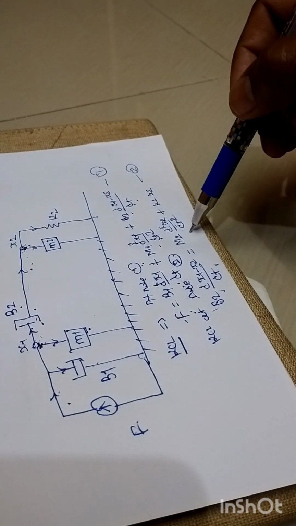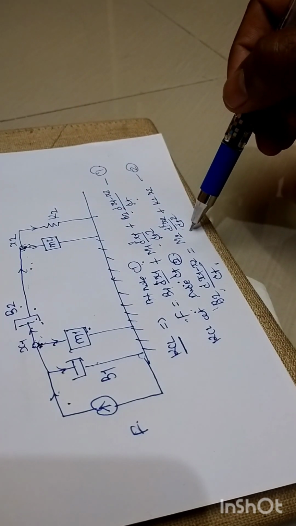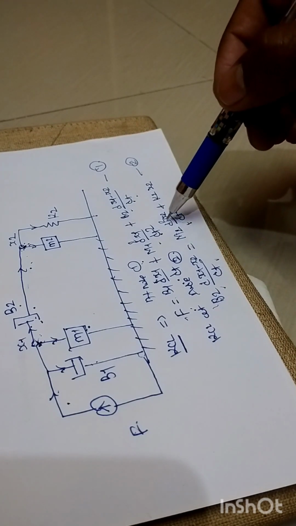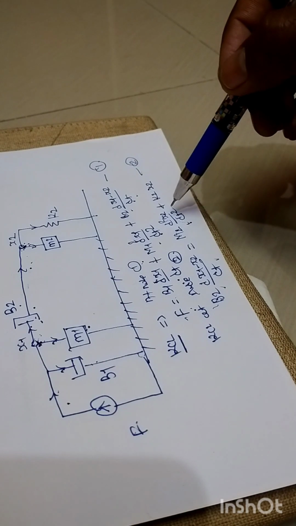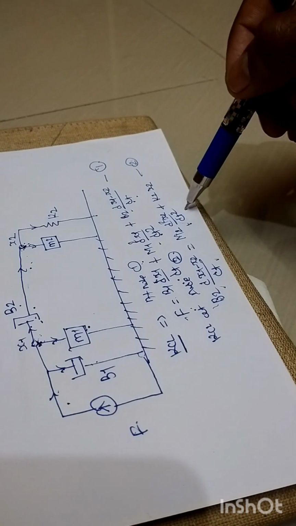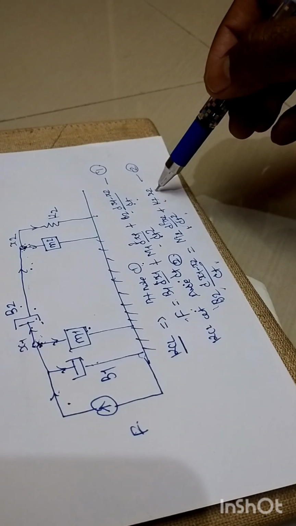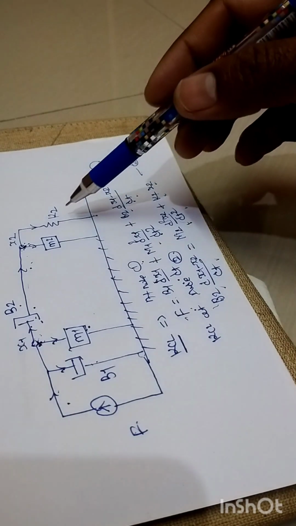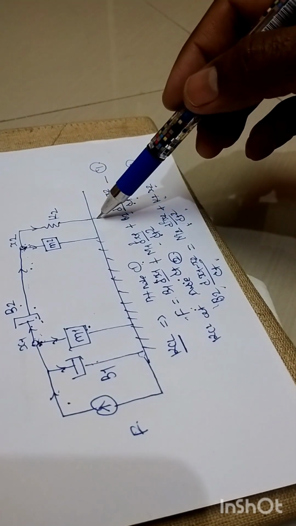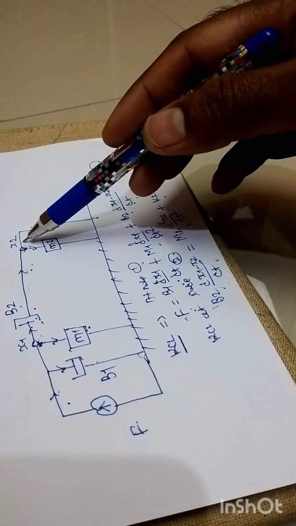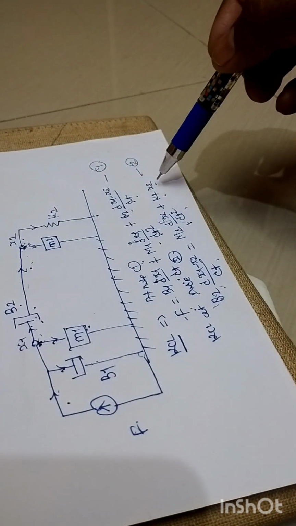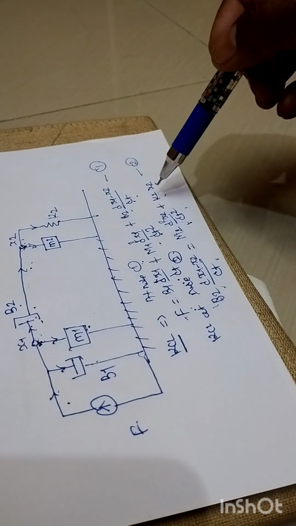For this mass number 2, we need to consider the second order differentiation, so it will become d square x2 upon dt square plus k2 times x2, right? One end of that spring is connected to the reference axis, so x2 itself is the overall displacement. In this way the system equations are to be written.